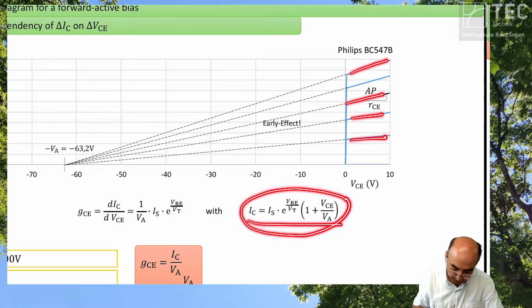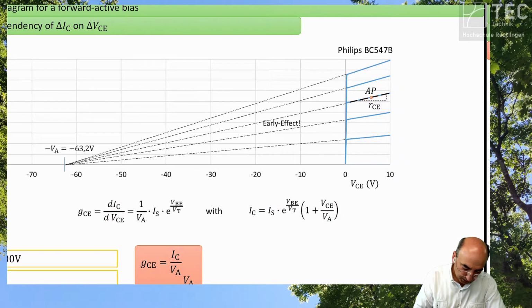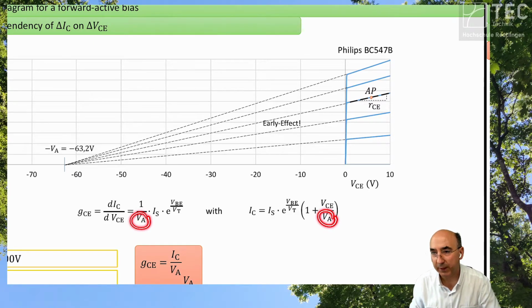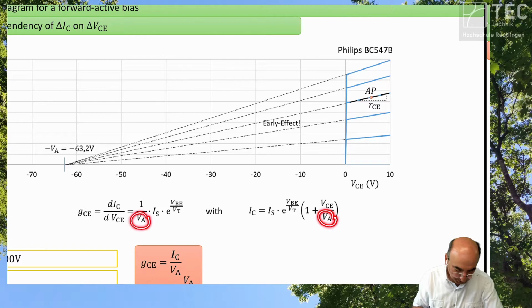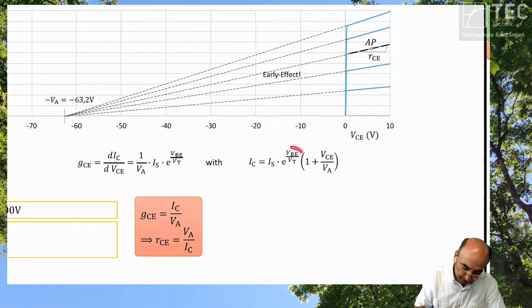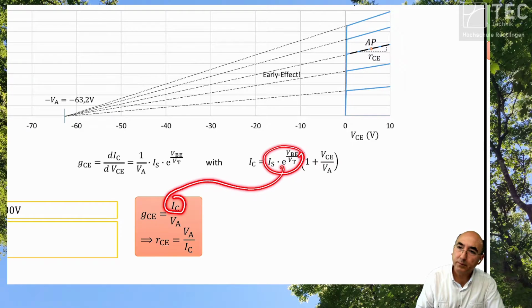And if we take this equation and take the first derivative for VCE, then we get again an exponential function divided by the early voltage. Why divided by the early voltage? Here we are, divided by the early voltage. That means this exponential function replicates itself divided by the early voltage.